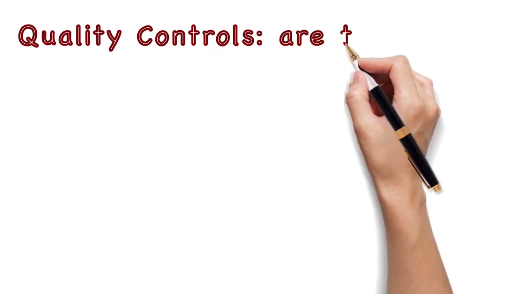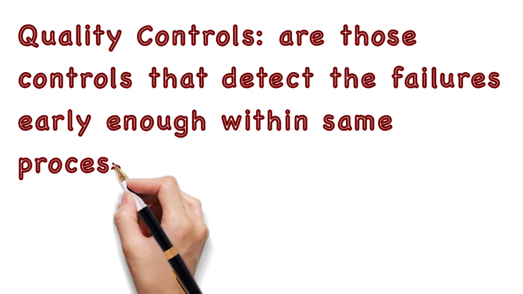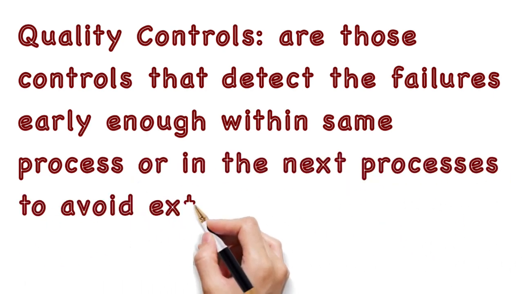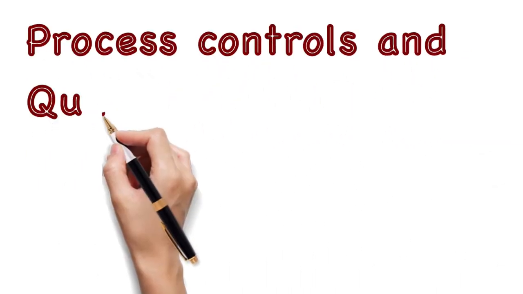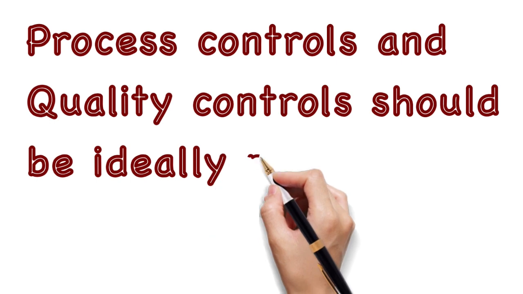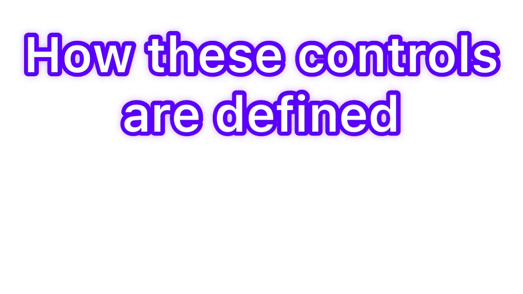And quality controls are those controls that detect the failure early enough within the same process or in the next processes in order to avoid external failure and all related consequences. Now, both controls, process control and quality control, should ideally be part of any quality control plan.